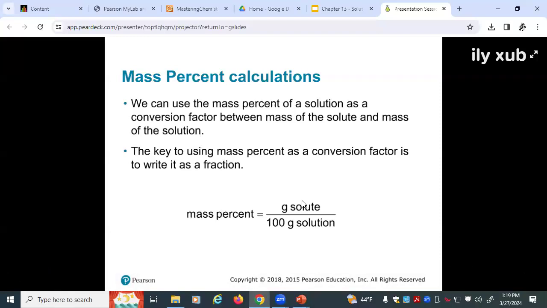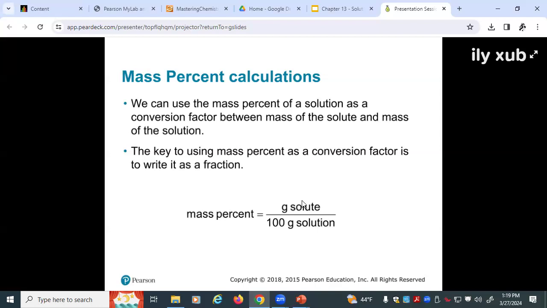Now, as I alluded to, because mass percent is a ratio per 100 grams of solution, we can use the percentage values to give us some of that context and use that to convert from one thing to another.